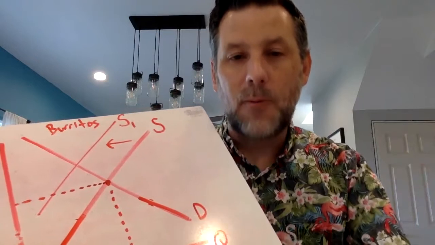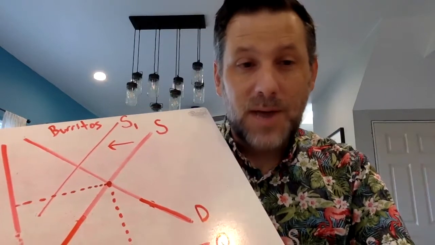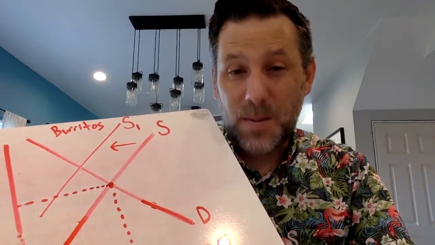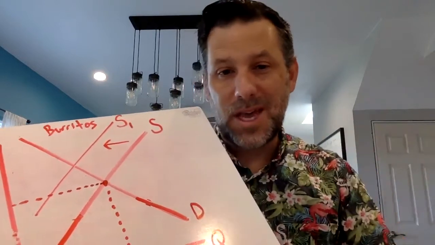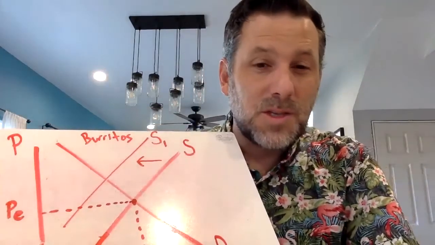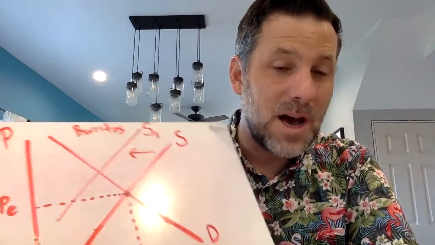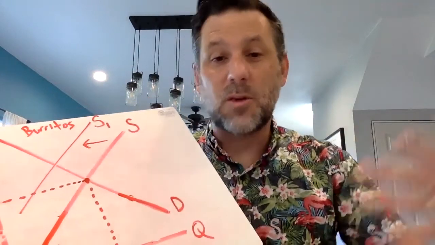When they raise the price of the carne asada burrito by $3, people aren't buying as much. They're switching to other things like pollo asada or bean and cheese. So now they're not selling as many carne asada burritos, and their supply of carne asada is being refreshed at the rate at which it's selling.